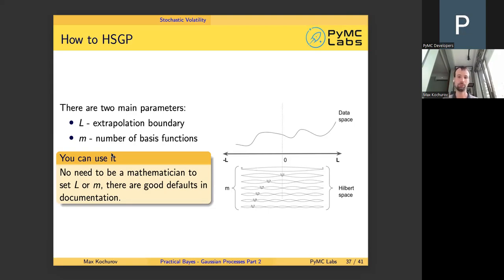And this L covers the whole period that you want to explore. So if you want to make a prediction 2 years ahead, make sure that this extrapolation boundary covers the whole region.